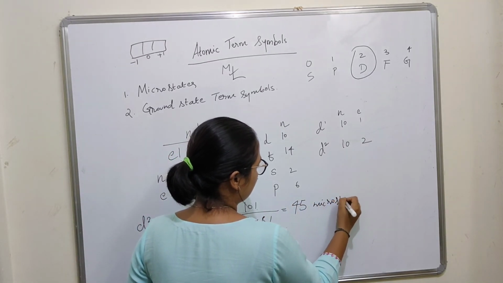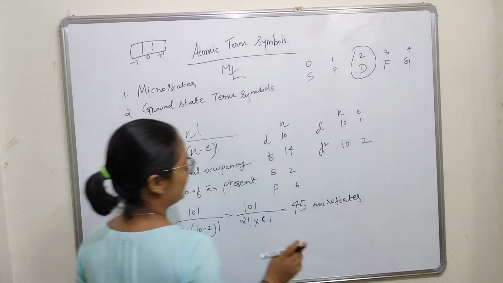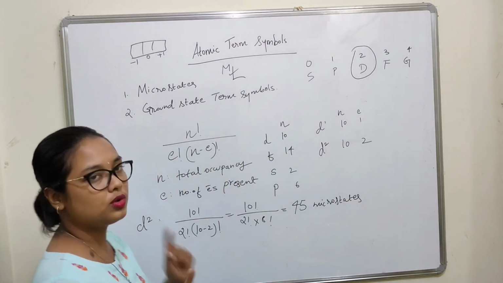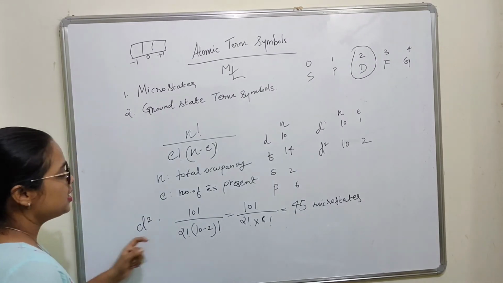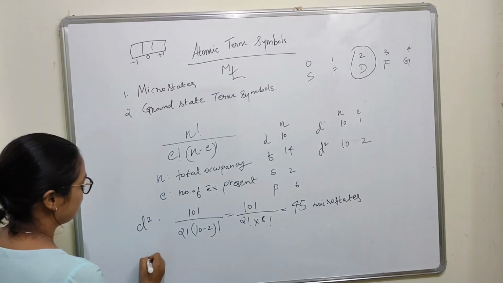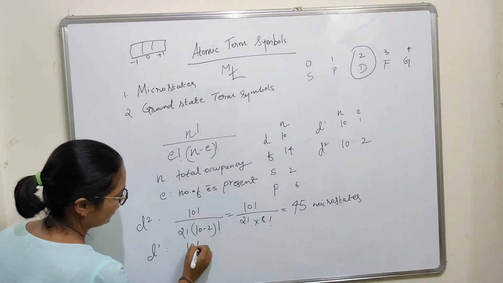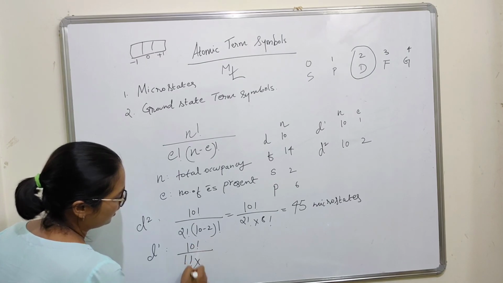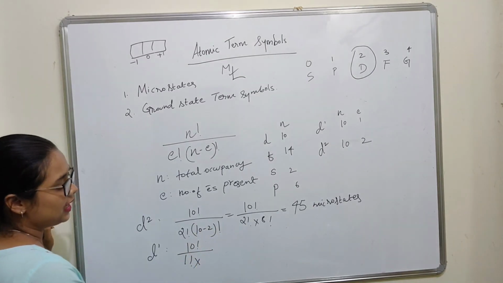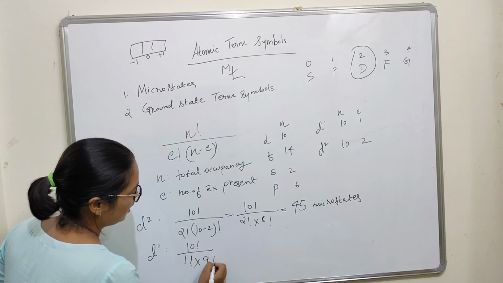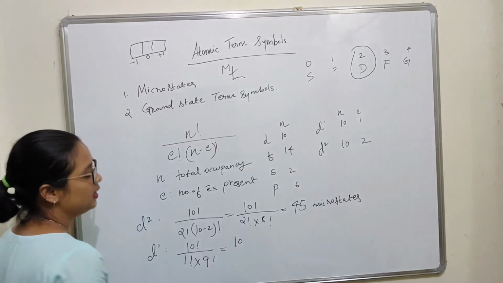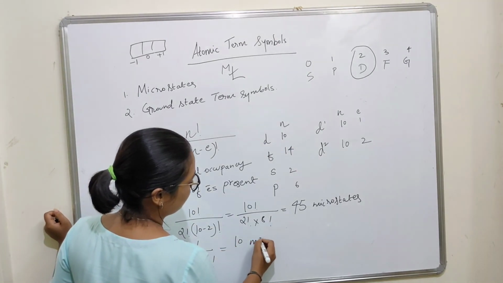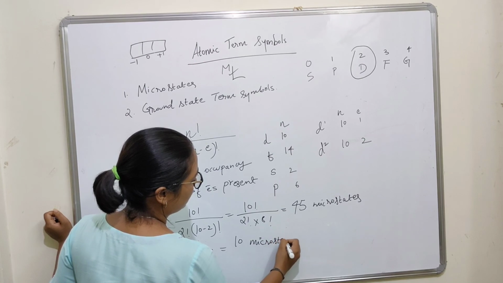I think this question had come earlier in one of the exams. I don't exactly remember, but I do know there was a similar question. Suppose we take it for D1: 10 factorial upon 1 factorial into 10 minus 1 factorial, so 9 factorial. This comes out to be 10, so the number of microstates is going to be 10.